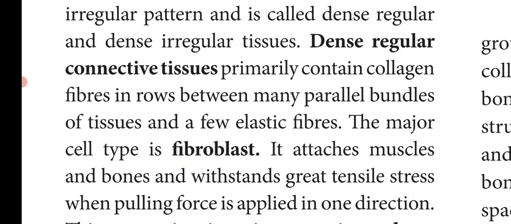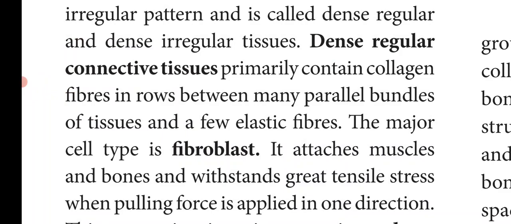The major cell type in the dense regular connective tissue is the fibroblast, and it attaches the muscles and bones and withstands great tensile stress when pulling force is applied in one direction.